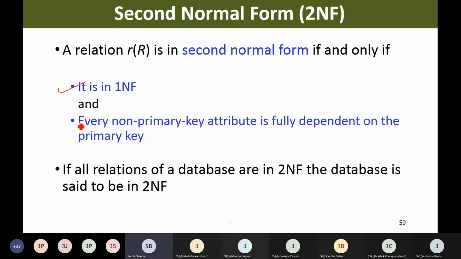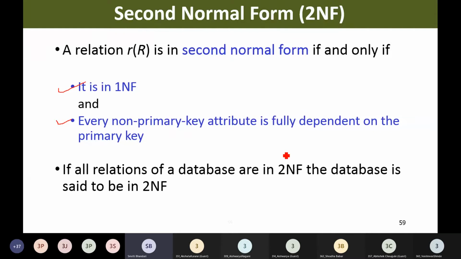every non-primary key attribute must be fully dependent on the primary key. I'll repeat, the second important condition is that every non-primary key attribute is fully dependent on the primary key. And if all the relations of the database are in 2NF, the database is said to be in 2NF.